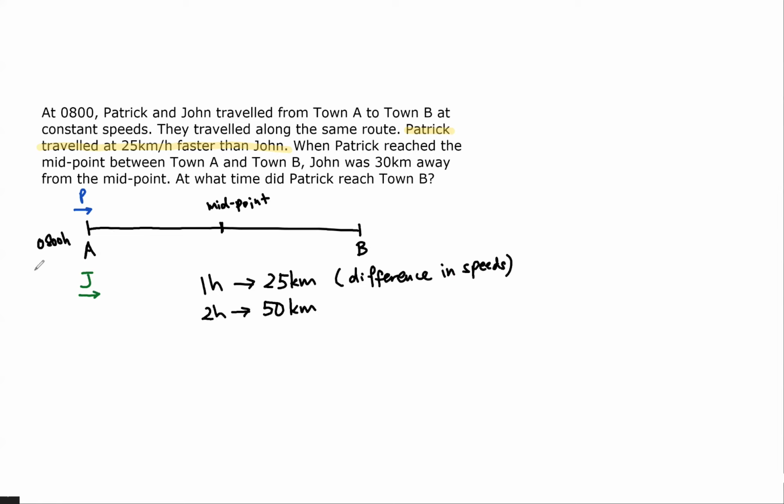Now, when Patrick reached the midpoint, so when Patrick is here at this midpoint, John is 30 kilometers away from the midpoint, and John is definitely behind, because John is the slower one. So that distance between John and Patrick is 30 kilometers.